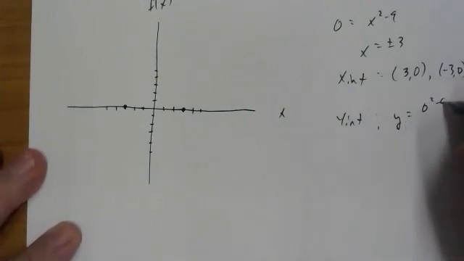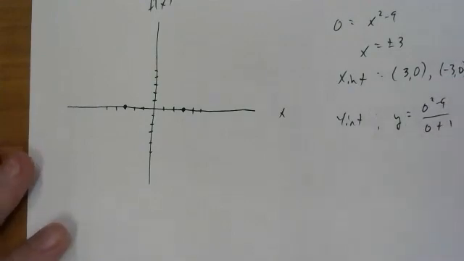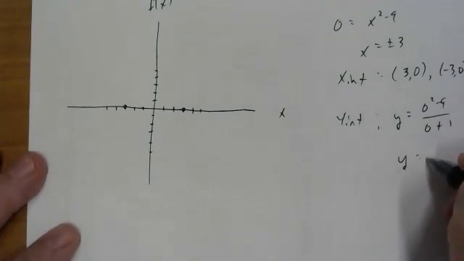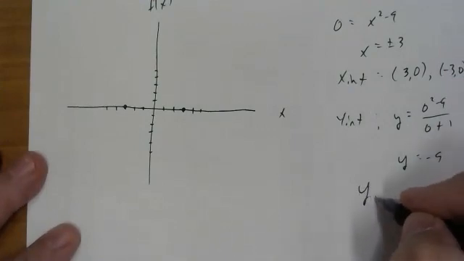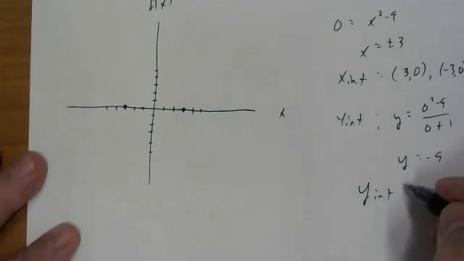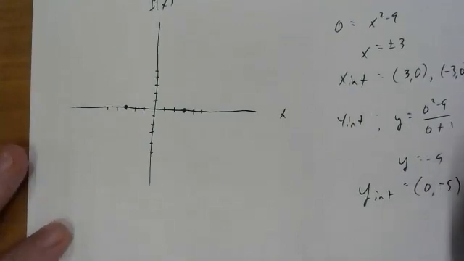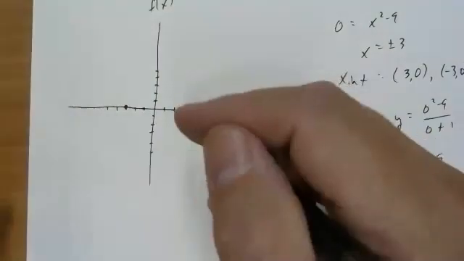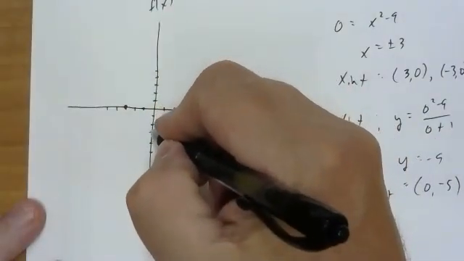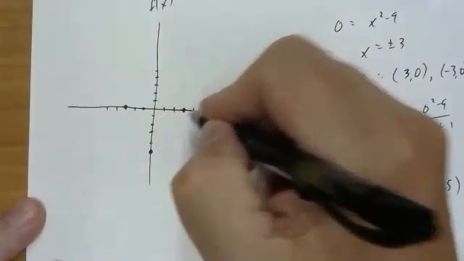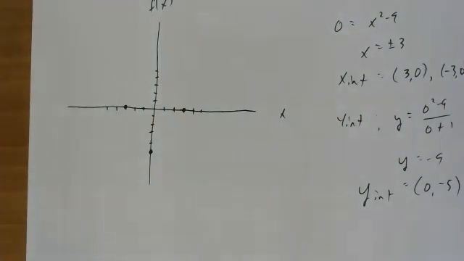So 0 squared minus 9 over 0 plus 1, which is negative 9, so the y-intercept is negative 9. So I've plotted some points, and my graph will go through those points.